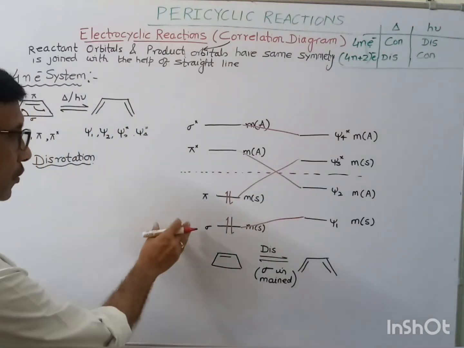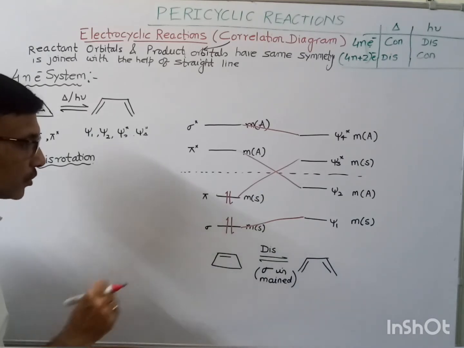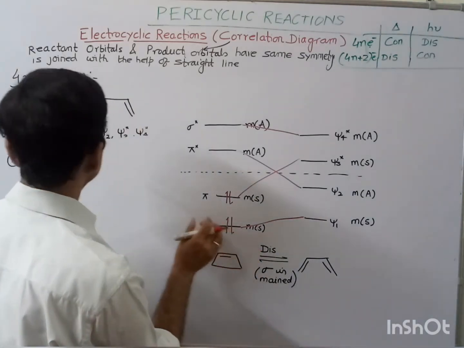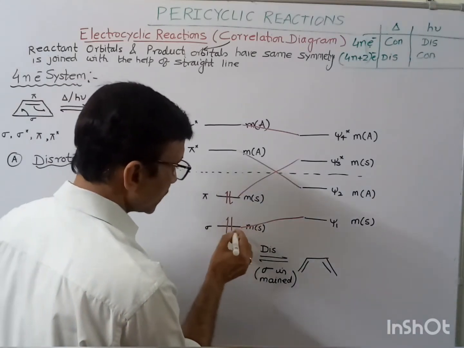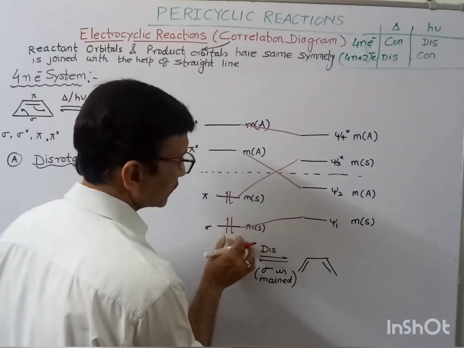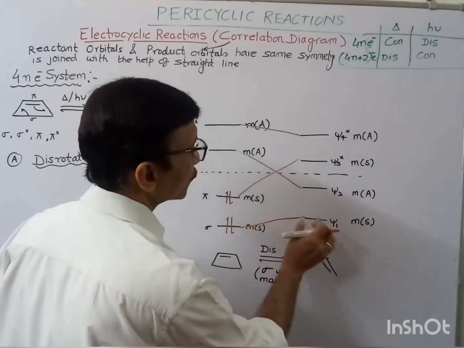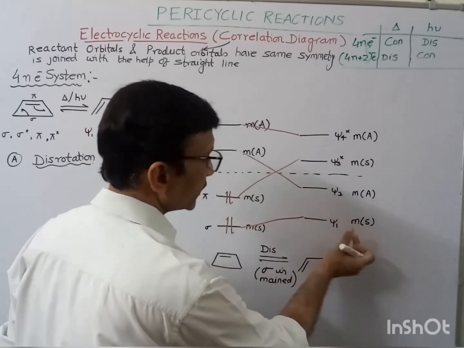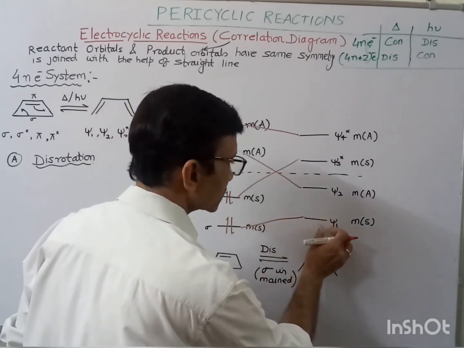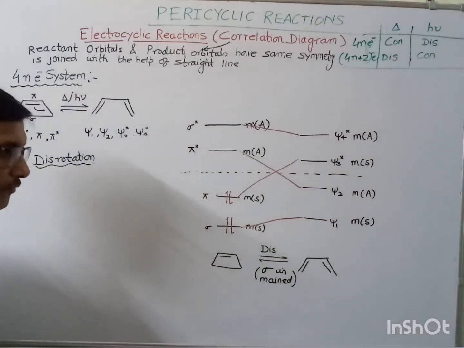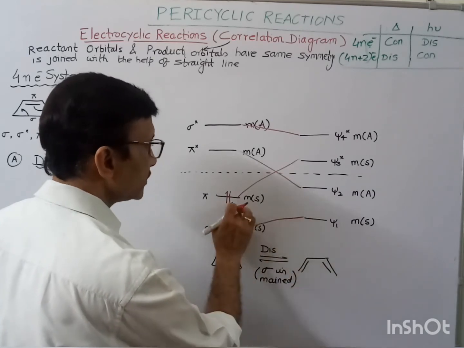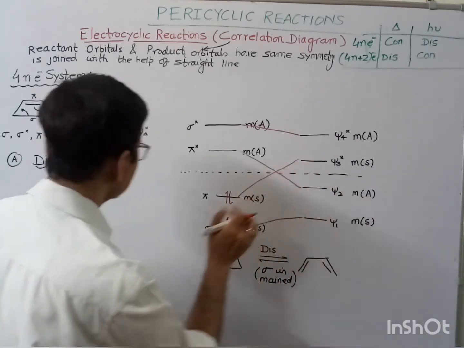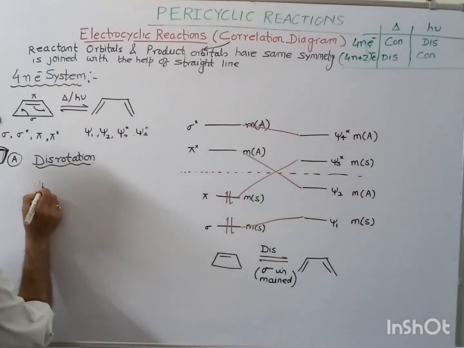Now let's see. Under the photochemical condition, what happens? These electrons are transferred into the psi 1 molecular orbital of the product. So 2 electrons are going into psi 1 and these 2 electrons are going into psi 3 star.